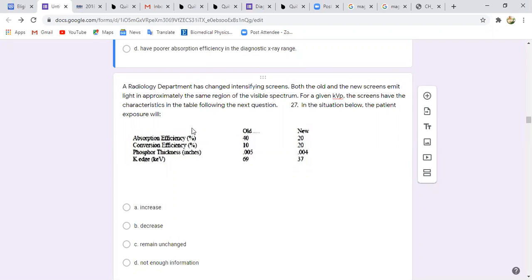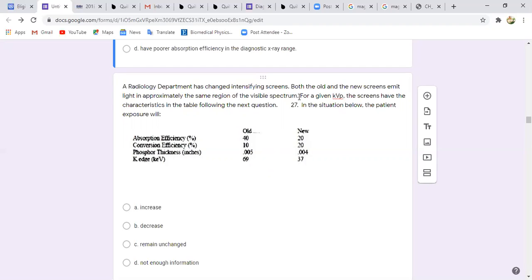But you're talking about the exposure. What will happen to this exposure? Will it increase, decrease, or remain unchanged? You have to be logical here. You have to apply everything. I think I've even given the answer latently. The exposure parameter has to do with the absorption efficiency and the conversion efficiency.